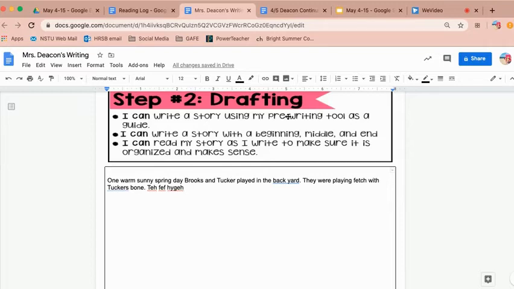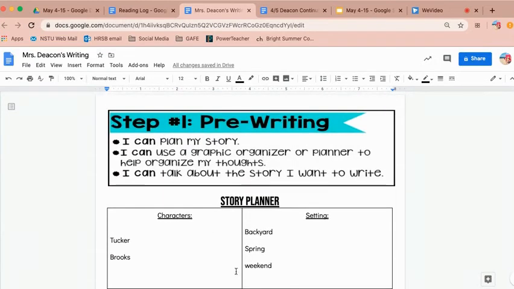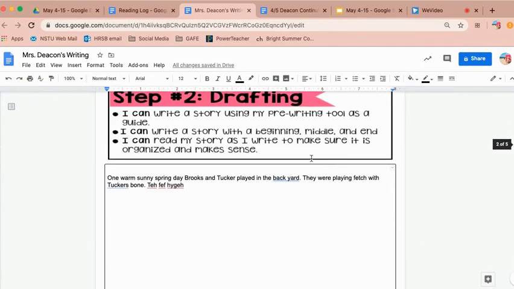We really just want to make sure, and we go back to these I cans and these learning targets, that our story makes sense, has a beginning, middle, and end, and we're using that pre-writing tool that we did in step 1. We're using that to help guide our story. So stay tuned. I'm going to write up a story now.